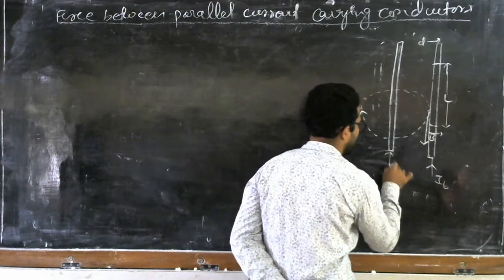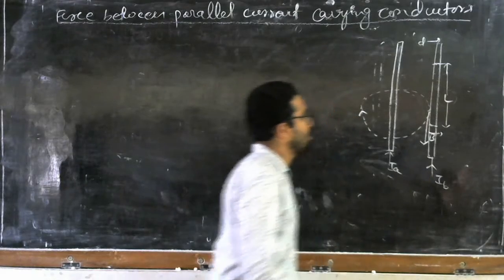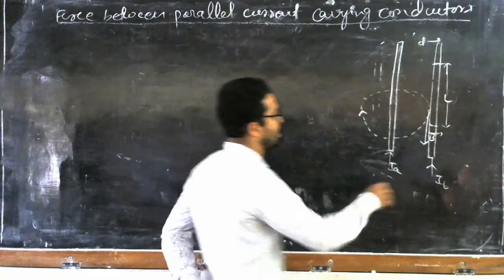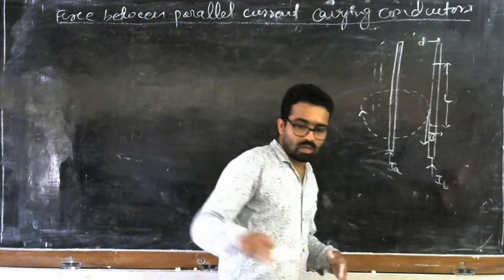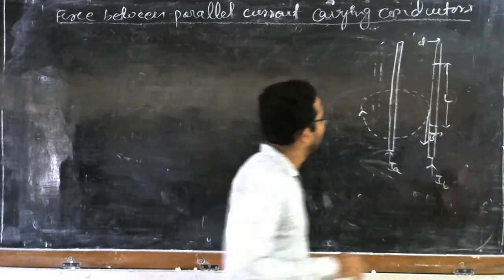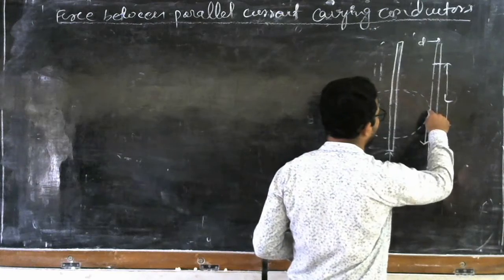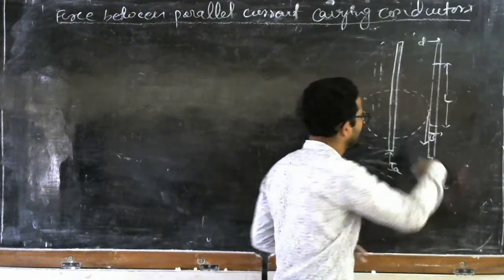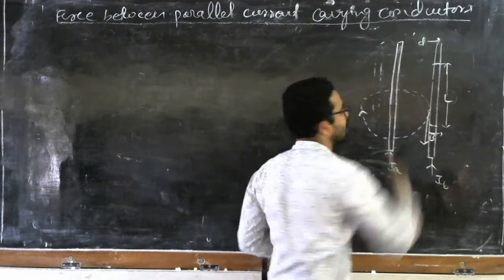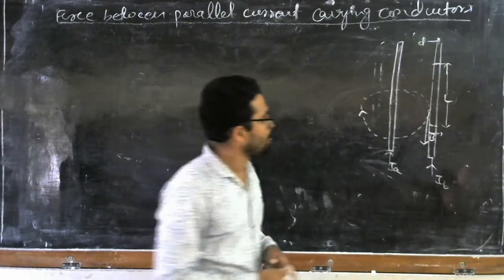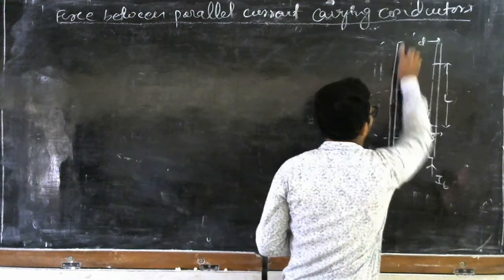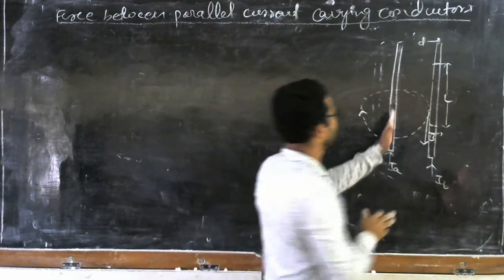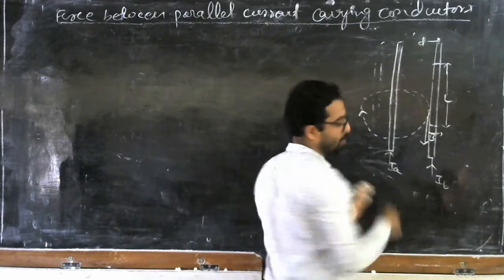So here the current is flowing, and we have to find out the magnetic field. At this point, the direction of magnetic field is inward, and the current is flowing like this. So the direction of the current element and the direction of B are perpendicular. See here, the element is like this.